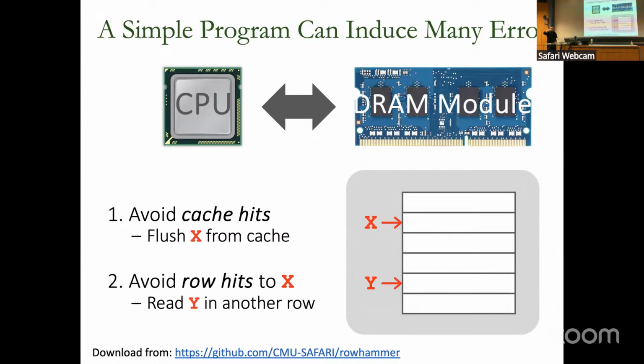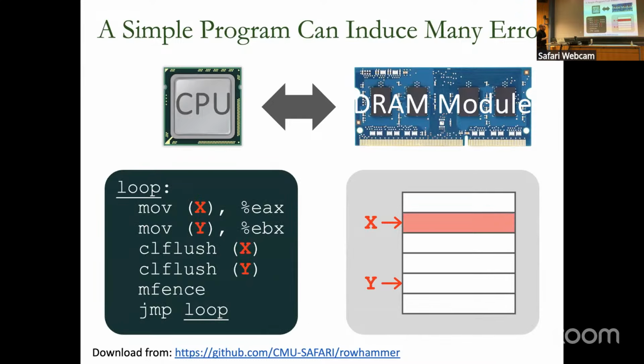Because I read Y in another row. So how does this look? Y, X all the time. I do this all the time, and I cause bit flips in the intermediate and the upper and bottom rows. Basically, by accessing X and Y all the time, by hammering both of them, I am able to cause bit flips in the neighboring rows of X and Y.